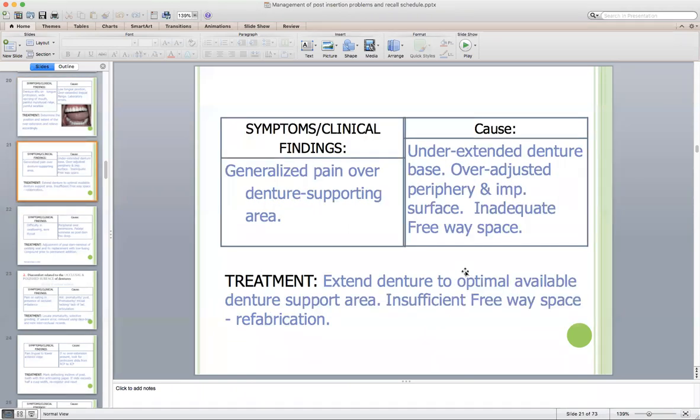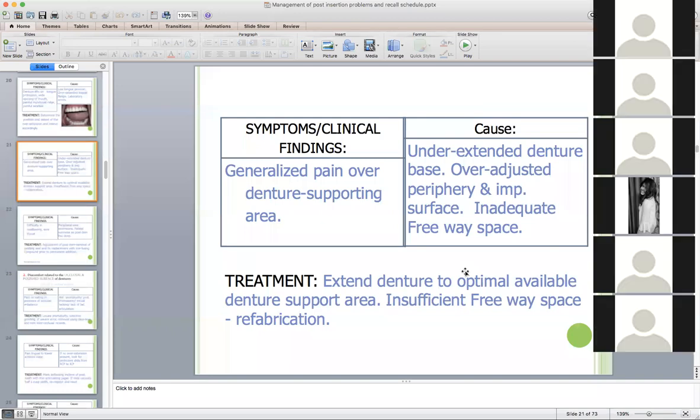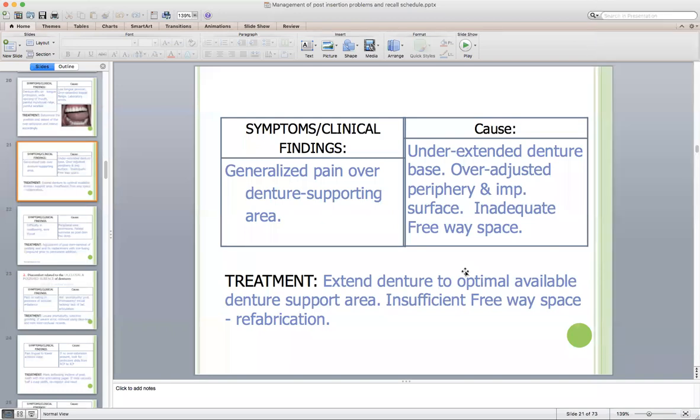Another problem related to the impression surface of the denture is generalized pain over the denture supporting area. Now, so far we have seen that there are certain particular areas where the patient will complain, because of localized irritation or overextension or sharp ridges or pearls.